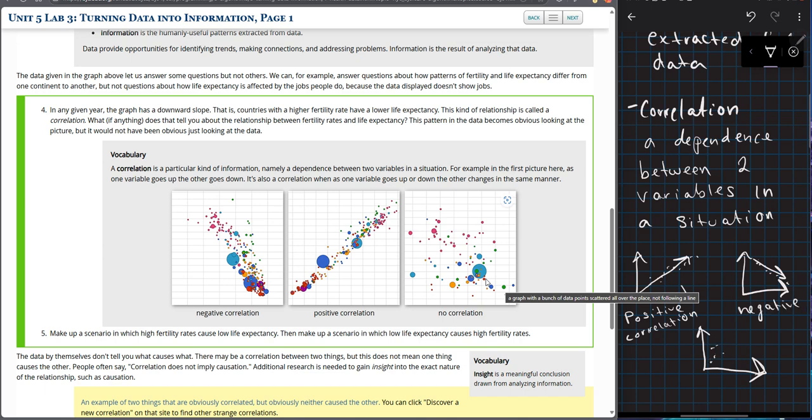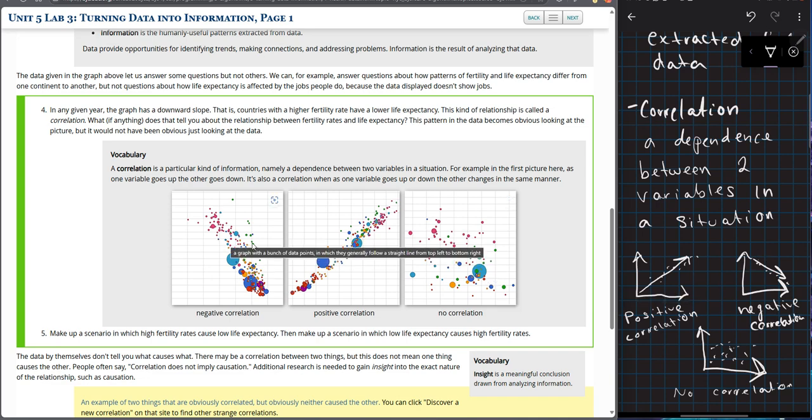But if you have it just scattered everywhere, then that means there's no correlation. So they're like trends. Is it going down? Then that's negative. Is it going up? Then that's positive. If you see no direction, then that means there's no correlation.